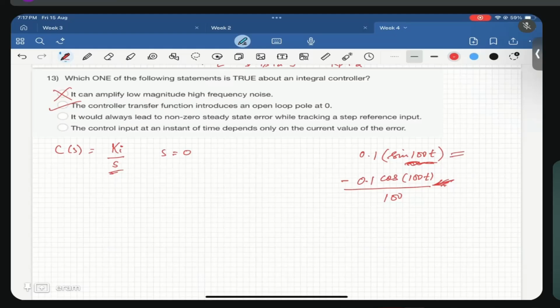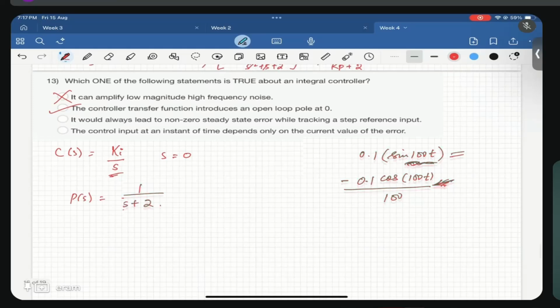No, I have no idea, ma'am. Please explain. Okay, so it is saying that, let's take an example. Let's say we have the plant transfer function as 1 by s plus 2.